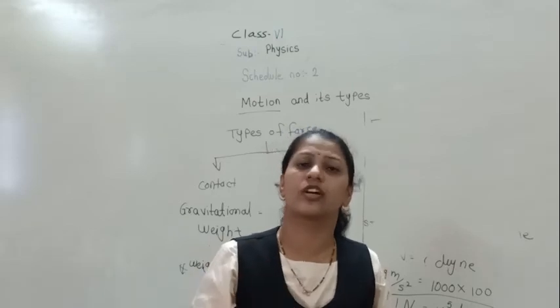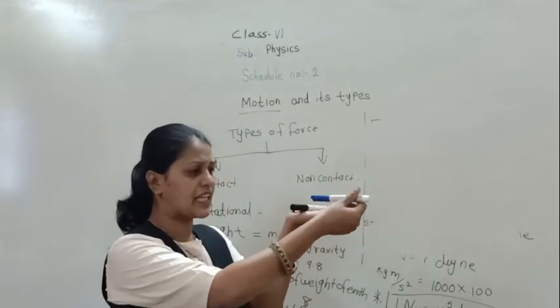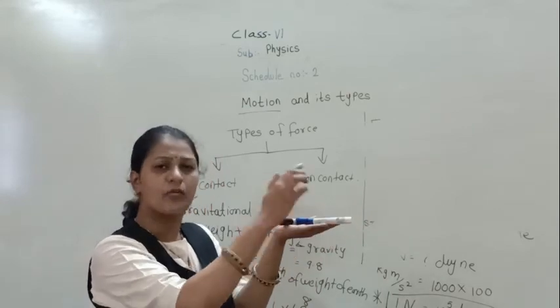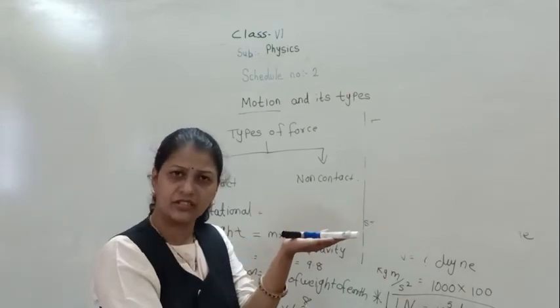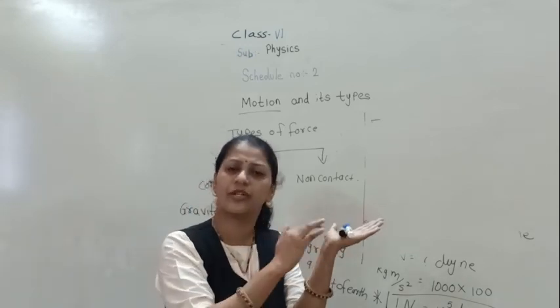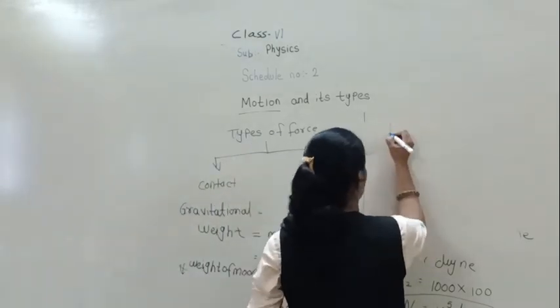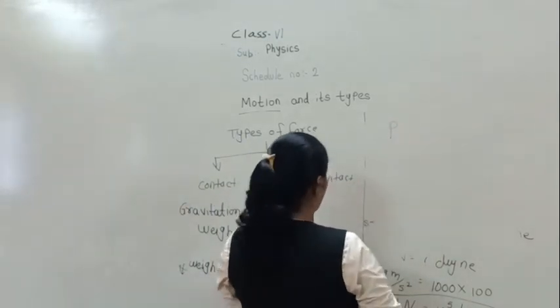This depends on the area in contact. Suppose I keep my pen like this, how much force will it exert? Or if I keep my pen like this, how much force will it exert? So this depends on pressure. The new concept that comes here is pressure.